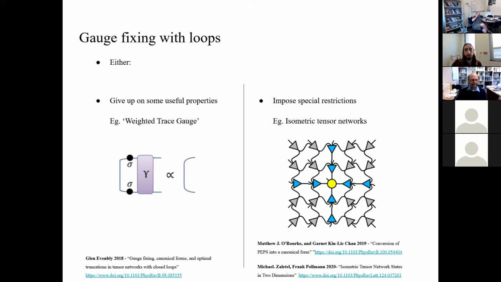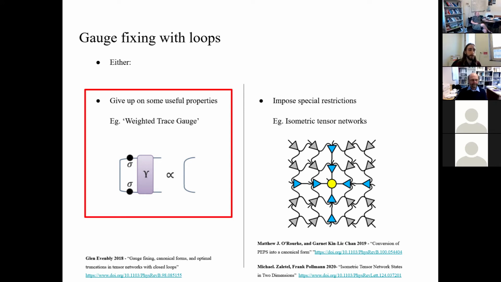And this might perhaps come at the cost of limiting the types of states which can be represented. So we have this general method, but it might not be as useful as the 1D form, or this restricted method, which hopefully is as useful as the 1D form, but might not be able to represent anything a general tensor network can. So first I'll talk about the first option, the weighted trace gauge.